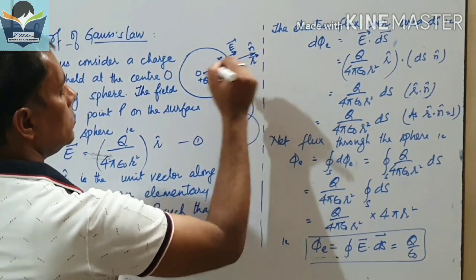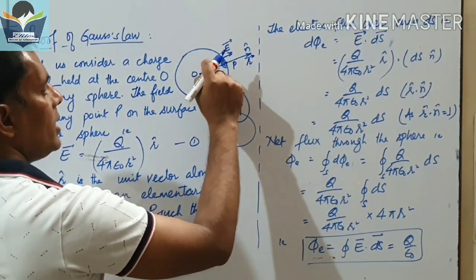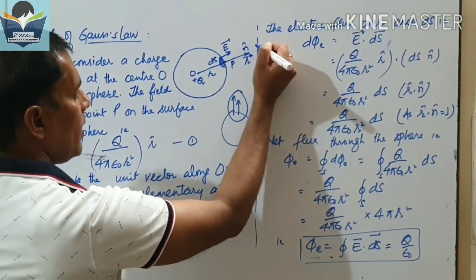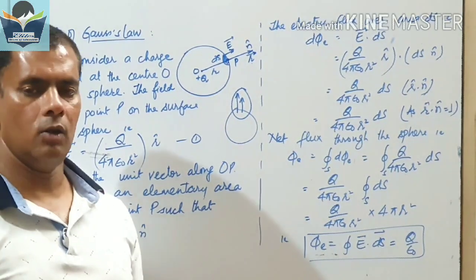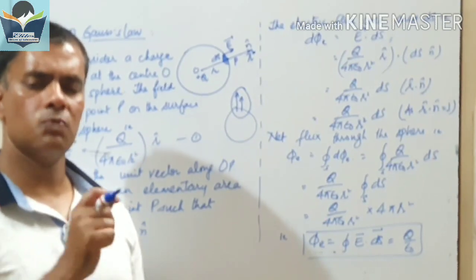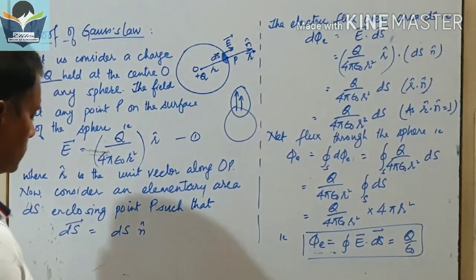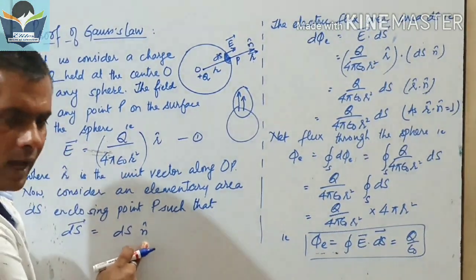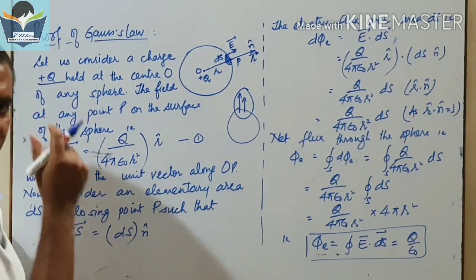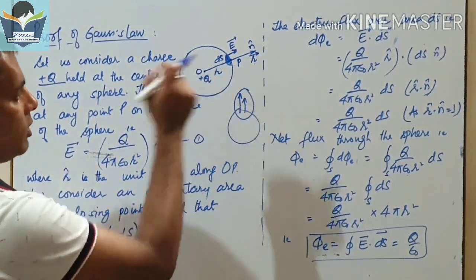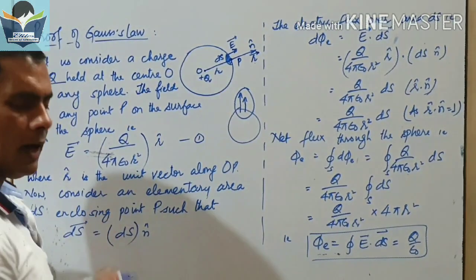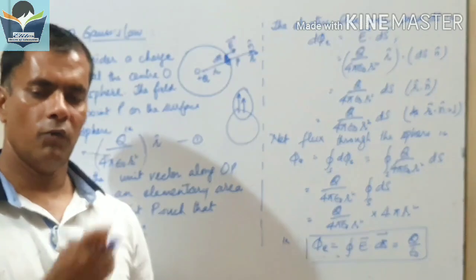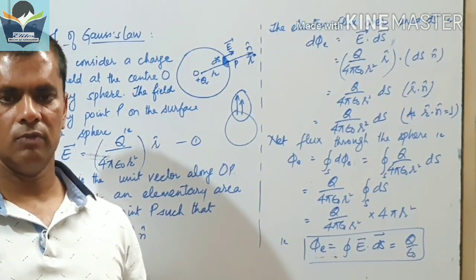So r vector and ds vector, that is n cap vector, are both along the same direction, meaning parallel to each other. So vector ds we have taken as ds into n cap, where ds is the magnitude of the vector and n cap is a unit vector which is normally outwards.